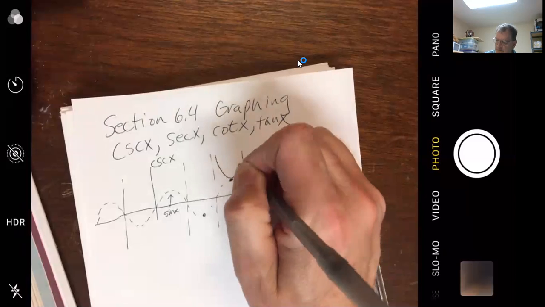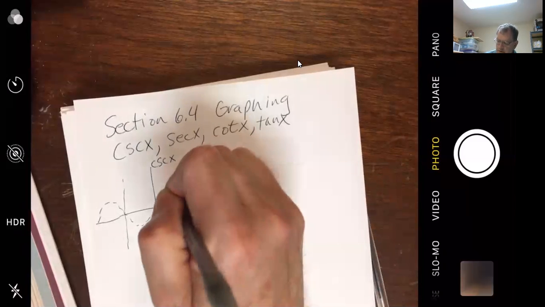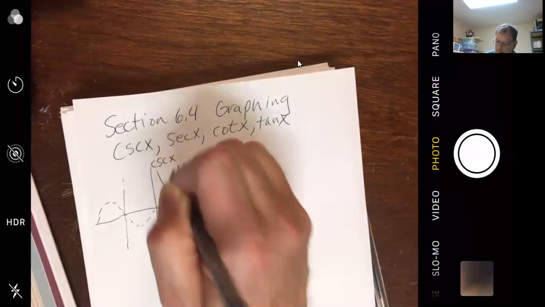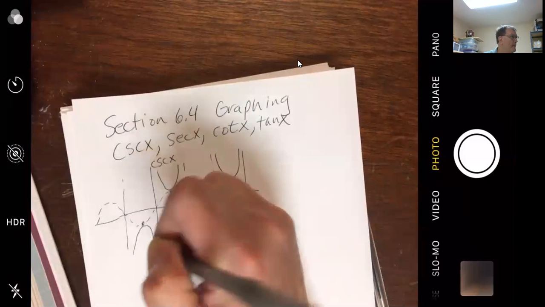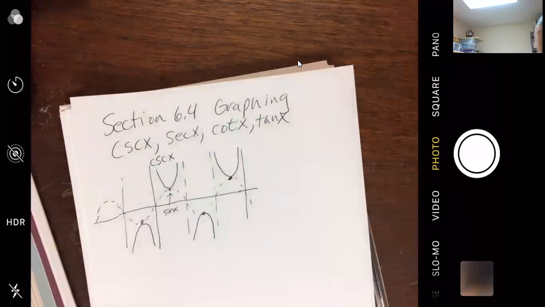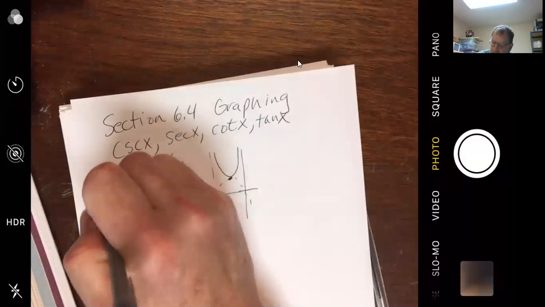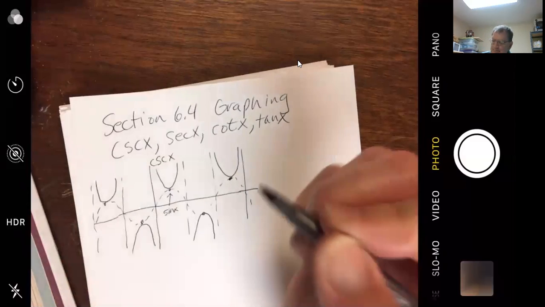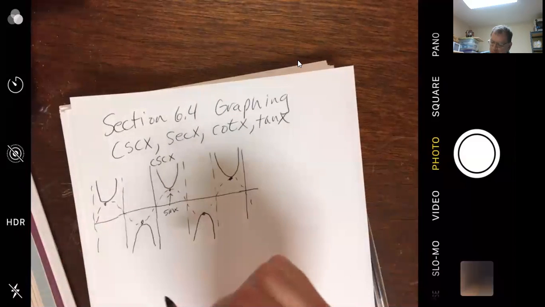And then when you invert the values, you get these U's. There's another one over here, and you get these U's. This will happen with secant x. It's just shifted back a little bit.